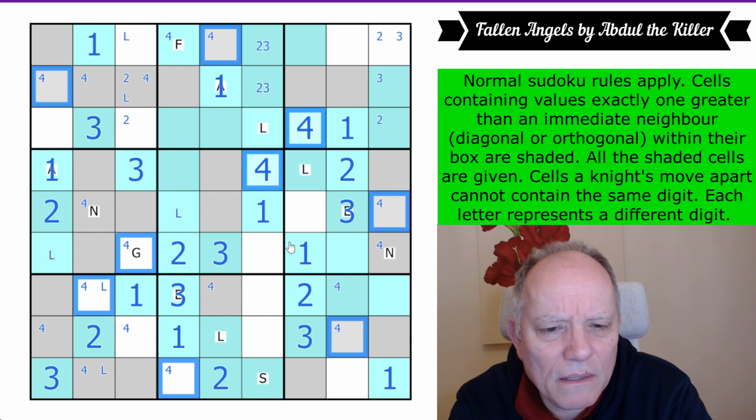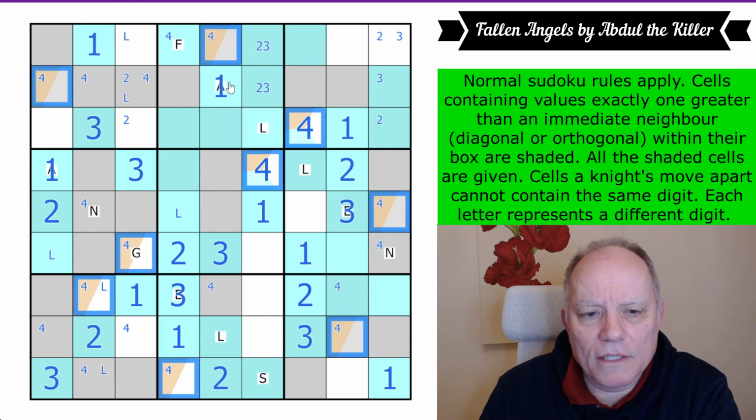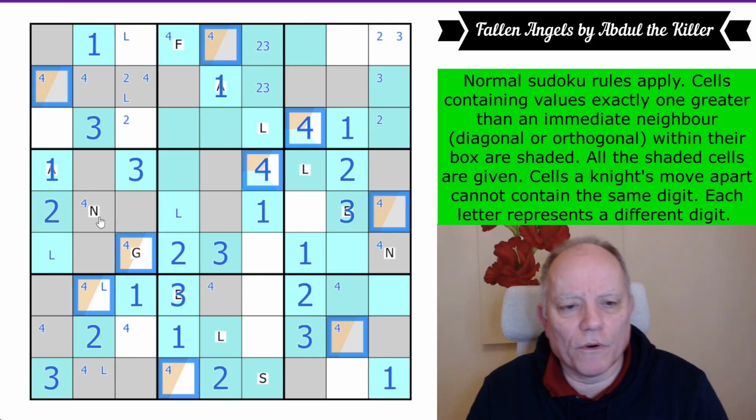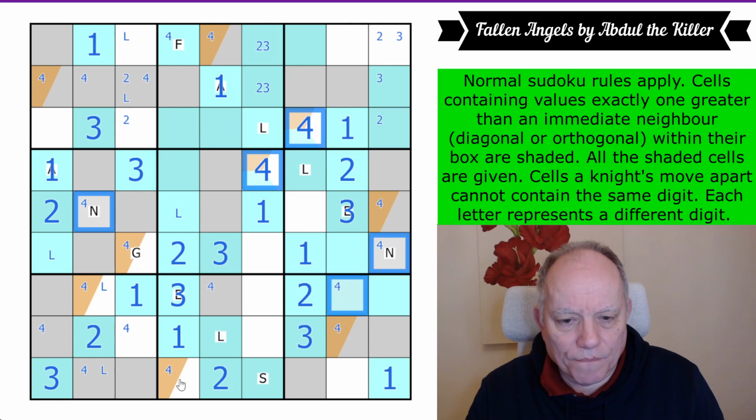Oh, well, that's... They are quite limited. In fact, I'm going to flash them orange, because that's where 4 goes if G's 4. And if N is 4, and it has to be one of N or G in box 4, then you've got 4 in these positions.